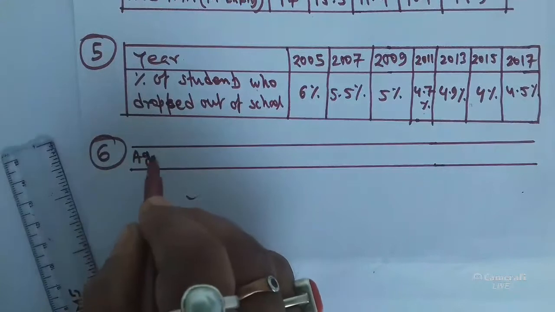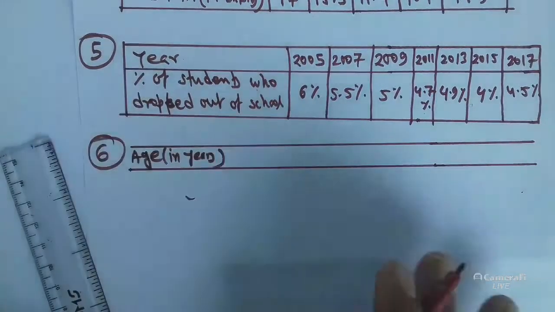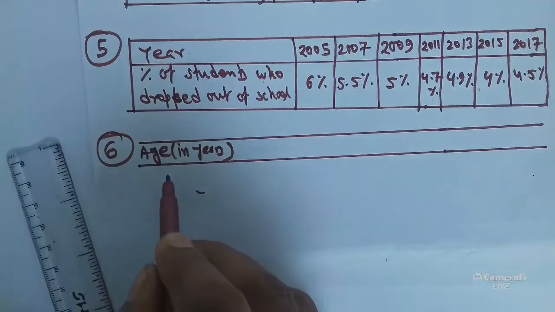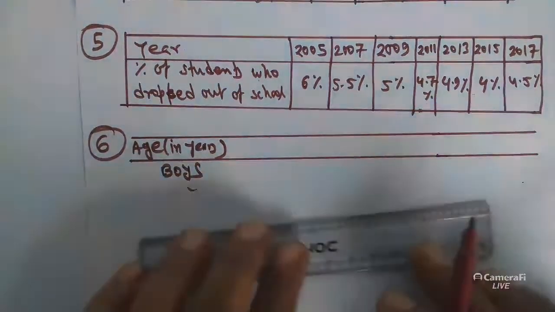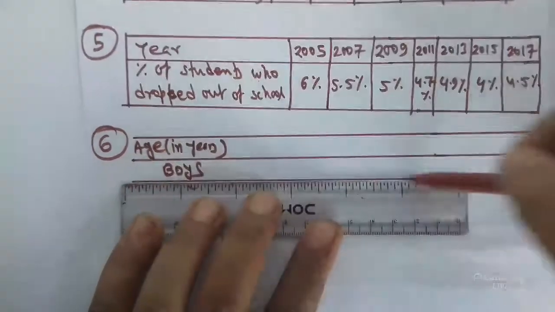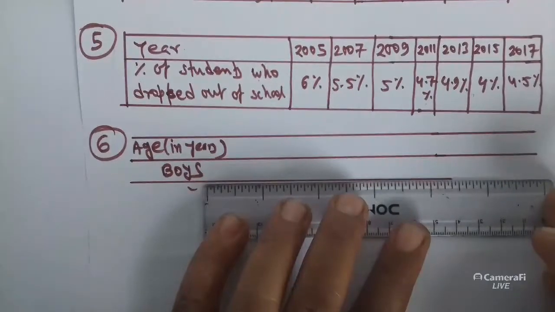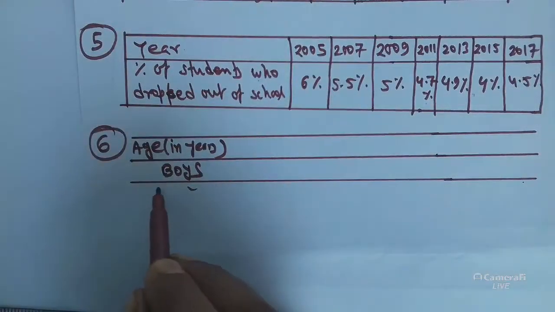So first one is age in years, and then second line for the boys, and then third row for the girls.